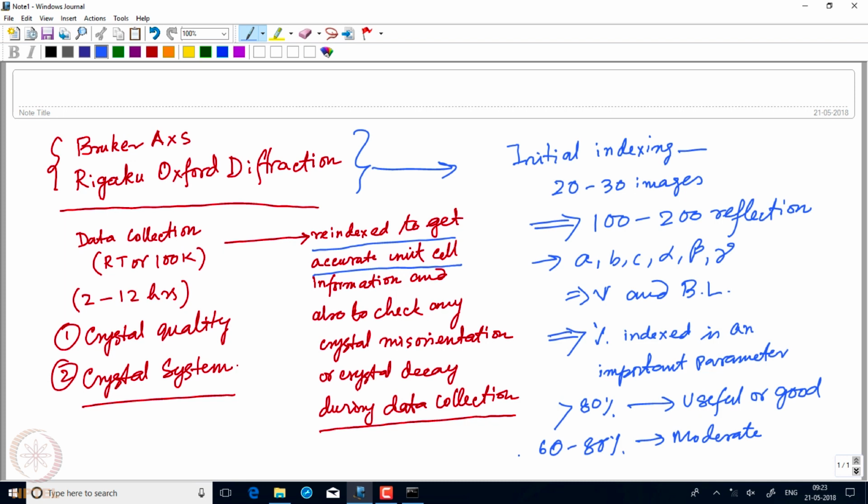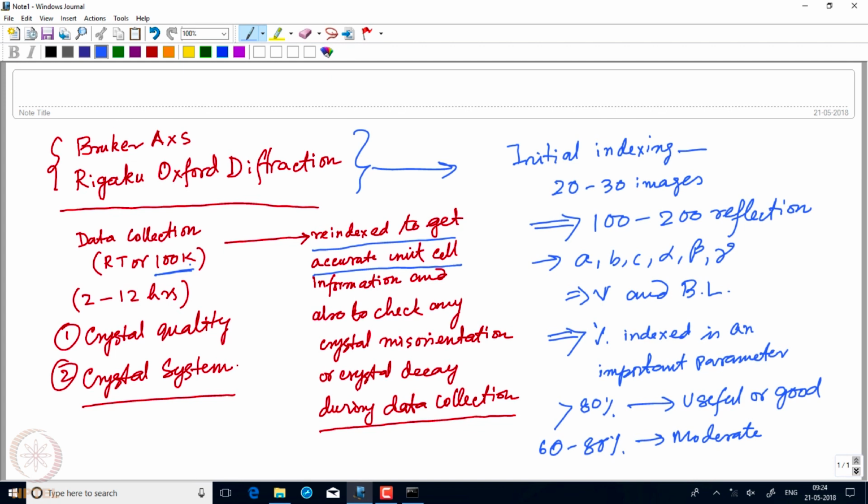It may so happen, if we are collecting data at 100K, that some ice formation may take place, although we take care with the Oxford cryosystem and the dry air supplied on the crystal that there should not be any ice formation on the crystal.